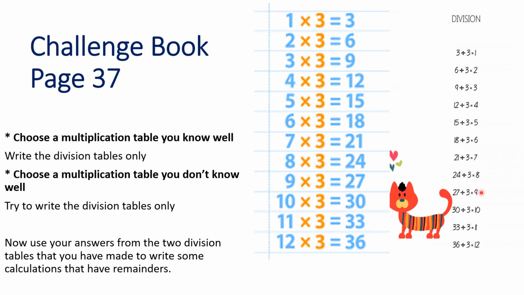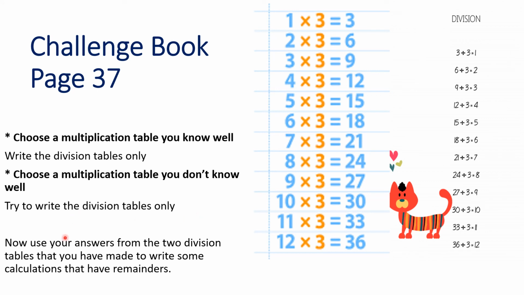Choose any one that you know cannot be divided by 3, or it will have a remainder, and then do the division. For example, I can choose here now 8. I know 8 is not a multiple of 3 and I will have a remainder. I can also choose 10. I know 10 is not a multiple of 3 and I'll also have a remainder. So divide those ones by 3, okay?